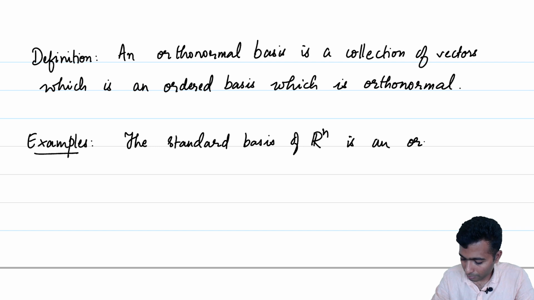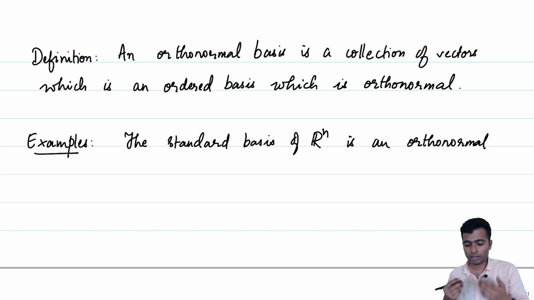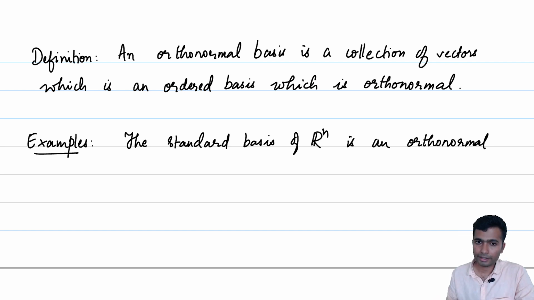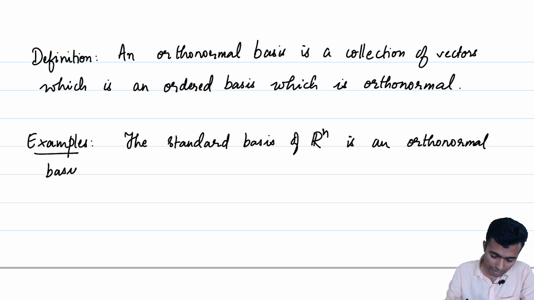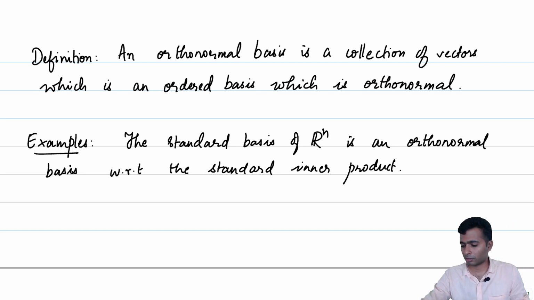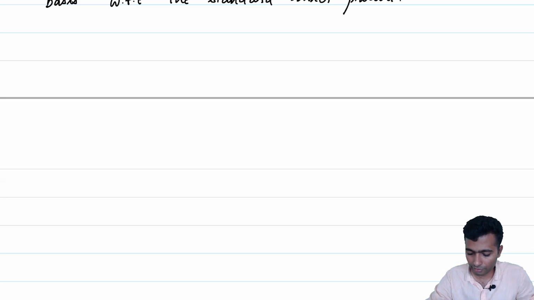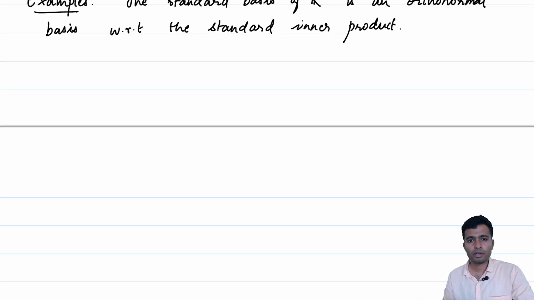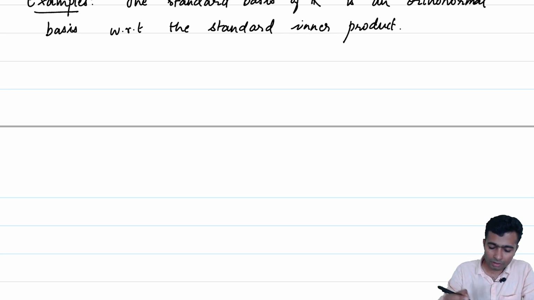It's a check for you to see that they are orthogonal to each other and that each of them has unit length. Let's usually work with the standard inner product. So, if I fail to mention which inner product we are working with in Rn, it will be the standard inner product. Okay, let's be a little more adventurous.